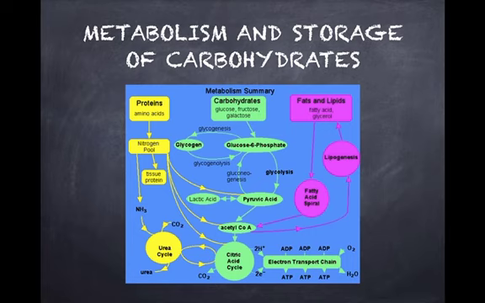We take glucose, we digest it, we put it into our bloodstream. Insulin allows it to be pulled out of our bloodstream and into our cells, and then we convert that glucose in our cells into pyruvic acid. In that conversion process, we get two molecules of ATP out, which is good energy for our cells to use for other things.